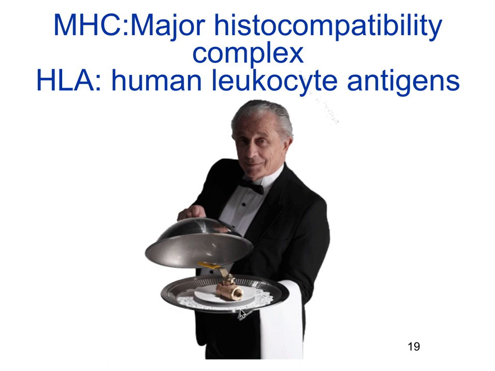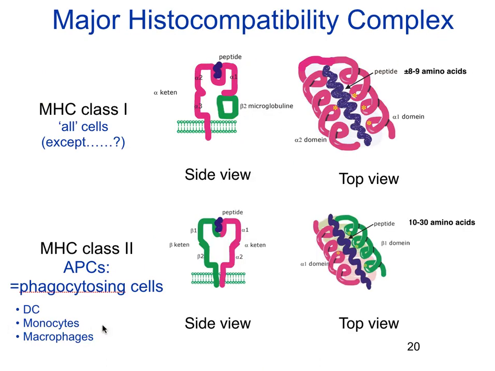And if their molecules were very similar, were compatible, then the transplantation would work. So that's why they're called major histocompatibility: if the tissues were compatible, if these molecules were similar, then a transplantation would work. And now we know that they're actually there for antigen presentation. But at the time of discovery, they were linked to organ transplantation.